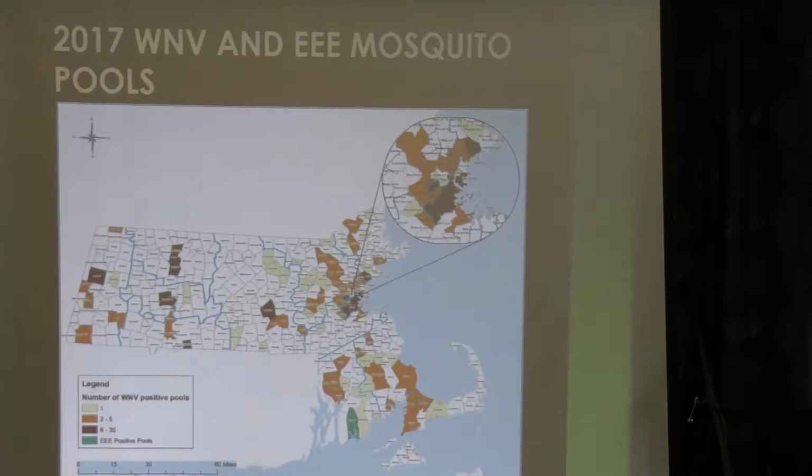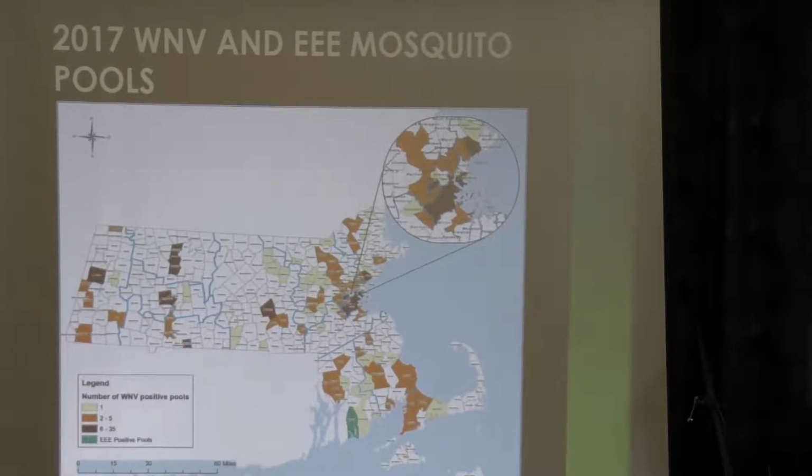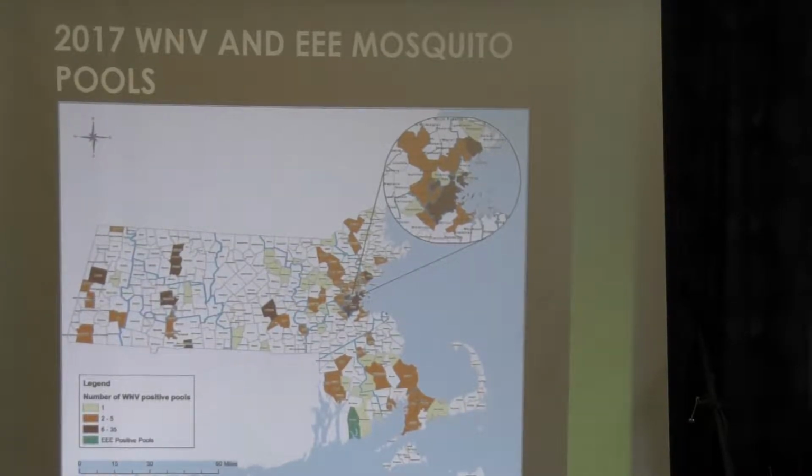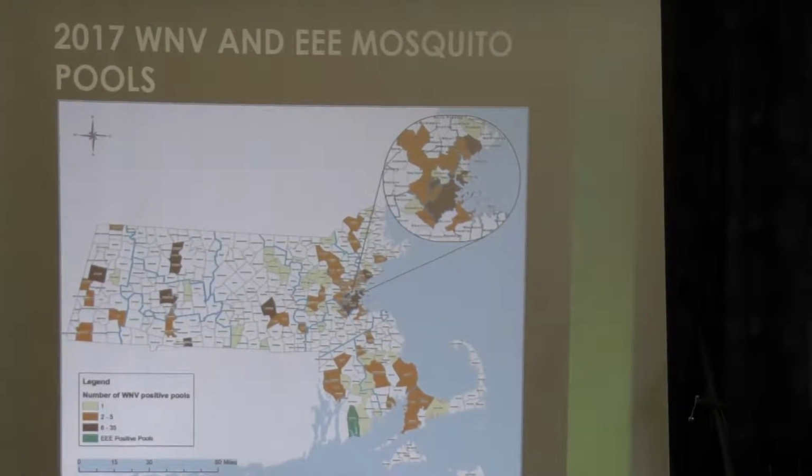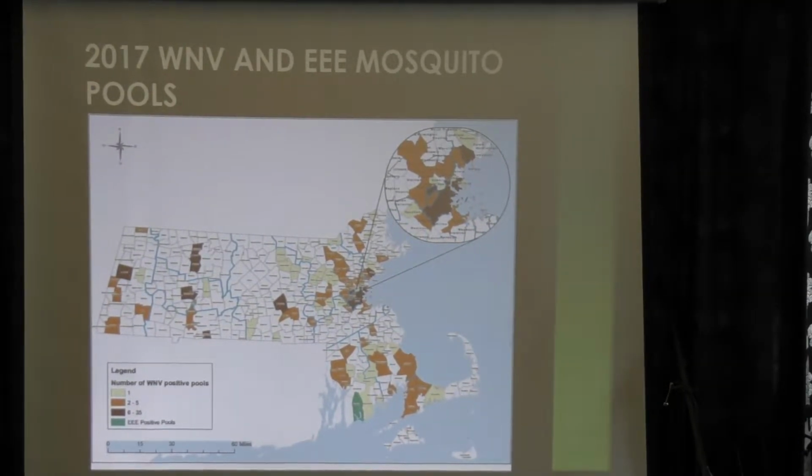All that means is that that's the only places they were testing. And again, that's that subset of towns that are in that new Pioneer Valley Mosquito Control District. So we're getting burgundy colors on just those few towns, and I'm sure the towns around them are also seeing a lot of it too.